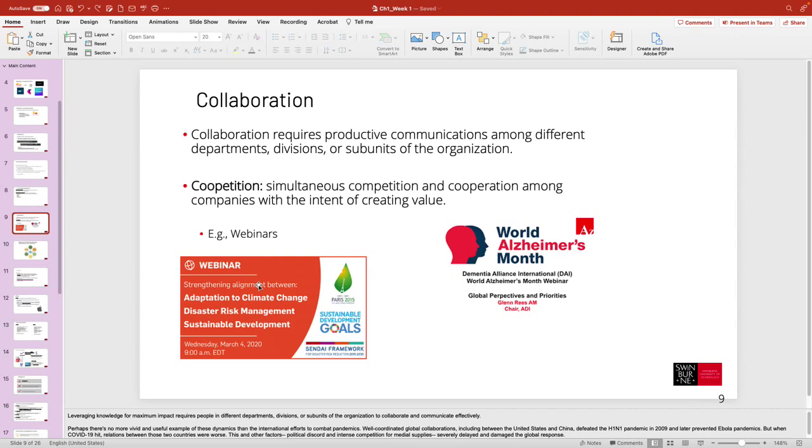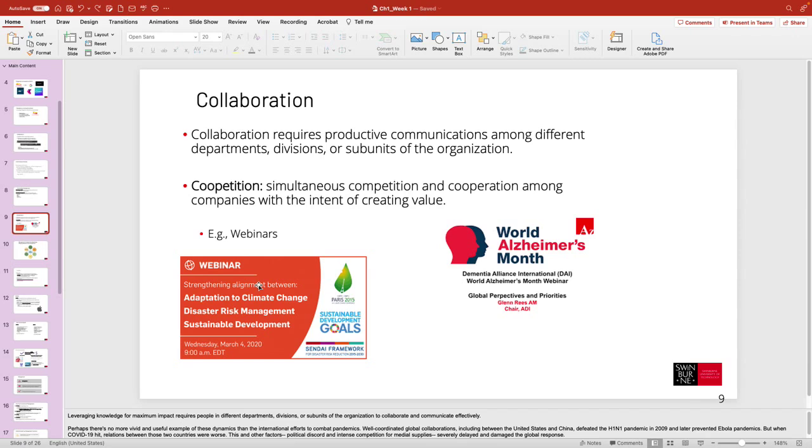People get together, organizations and different units get together to find some solutions to big or global level challenges that all the countries are facing, like World Alzheimer's Month. They get together, find some solutions to create an impact as well.